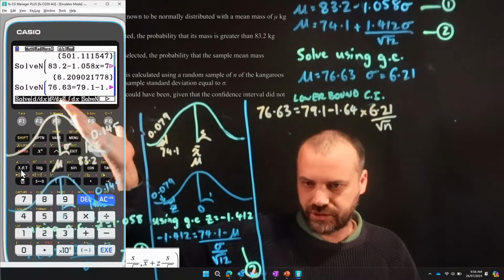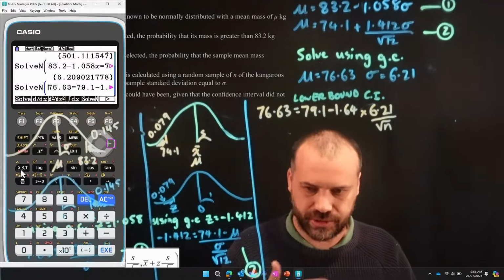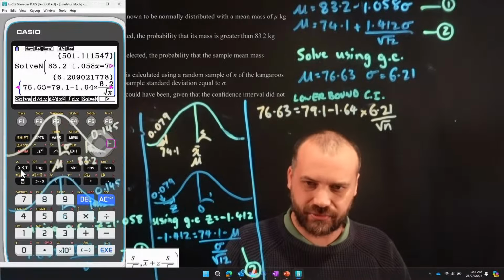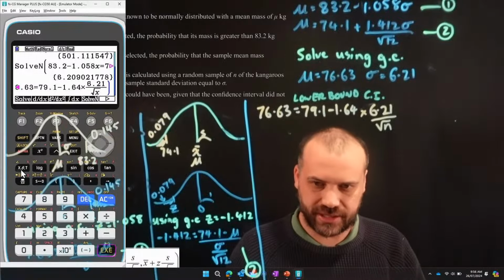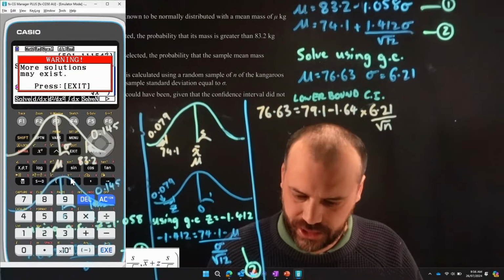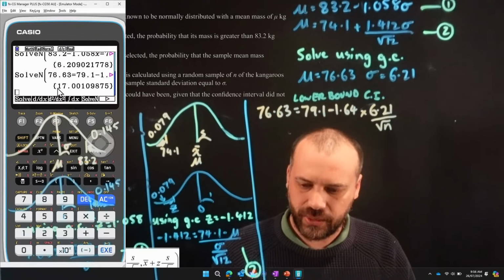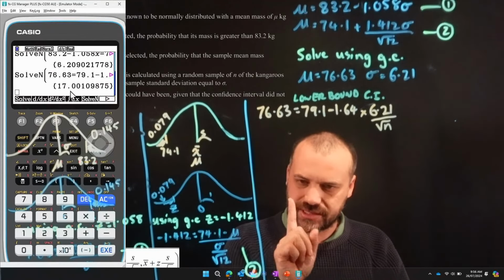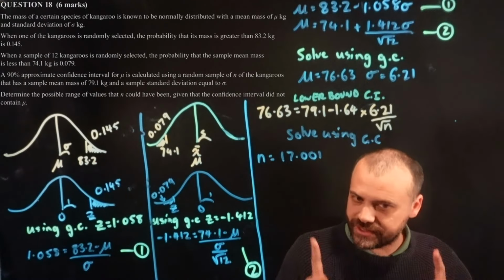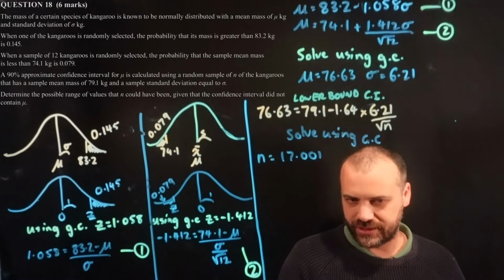No trick here, I've just typed in solve n, 76.63, and so on. I haven't written the letter n at the end, I've written the letter x. All right, executing that. And yes, we know that there might be more answers. Exit. We get an answer of 17.001.